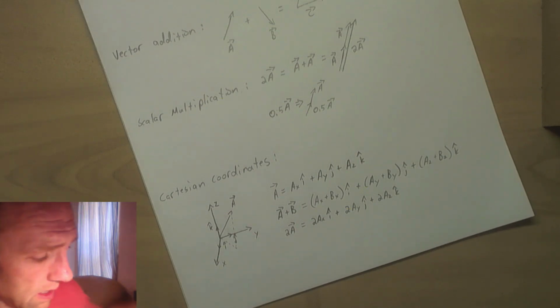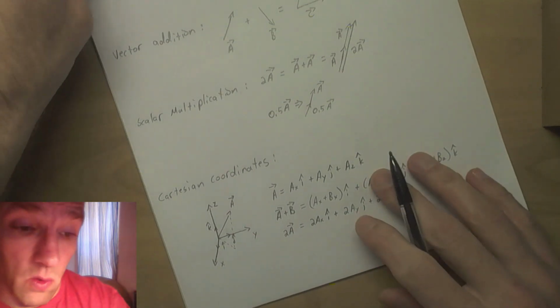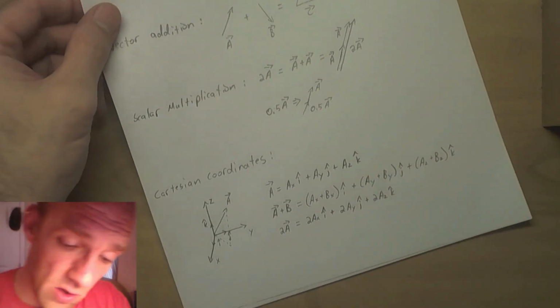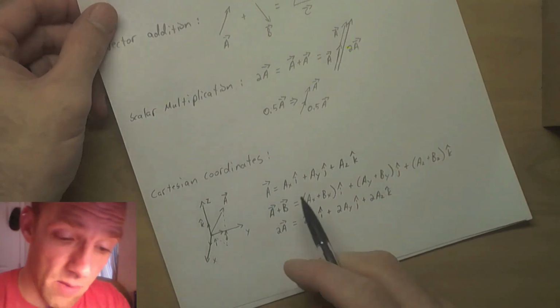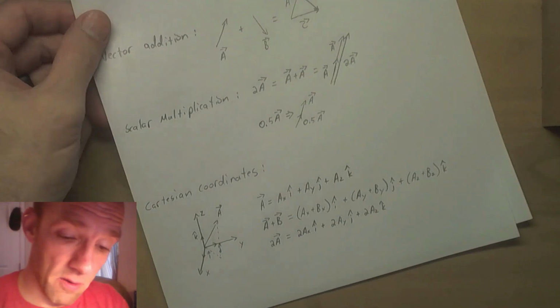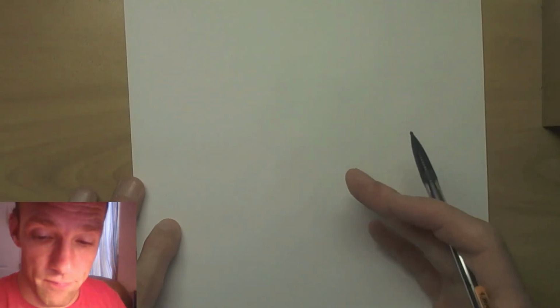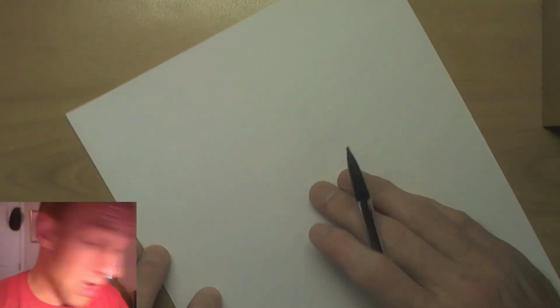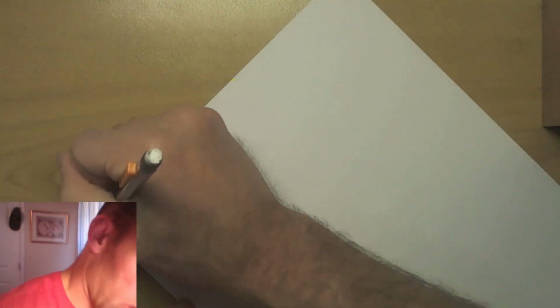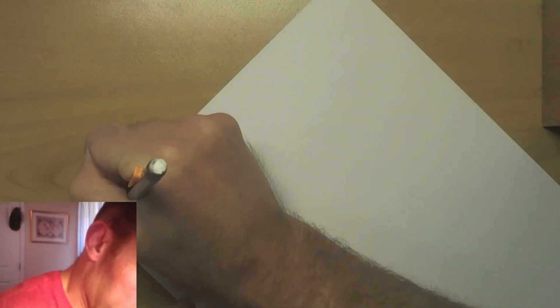Okay. All right. So now what can we do with vectors besides just add them and multiply them by scalars? Well, we can multiply them with one another, and we have a couple different ways to do that, actually. The first one results in a scalar.